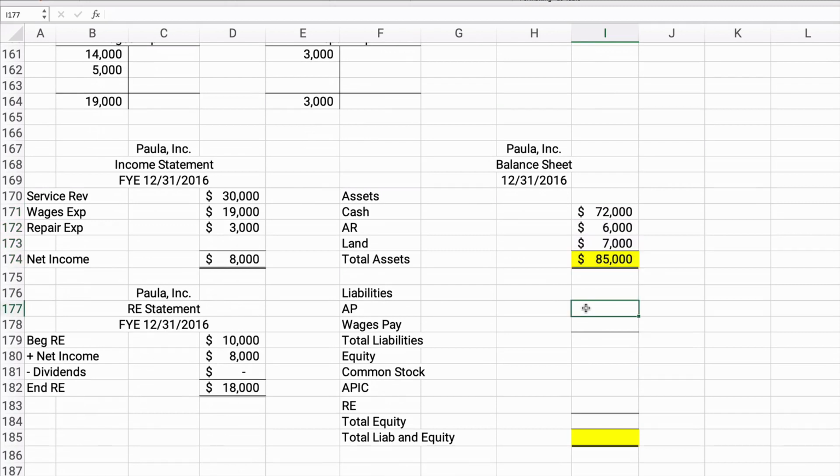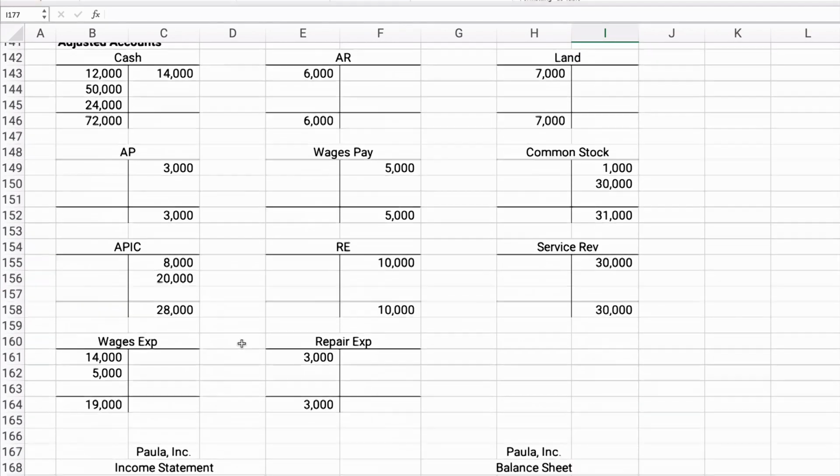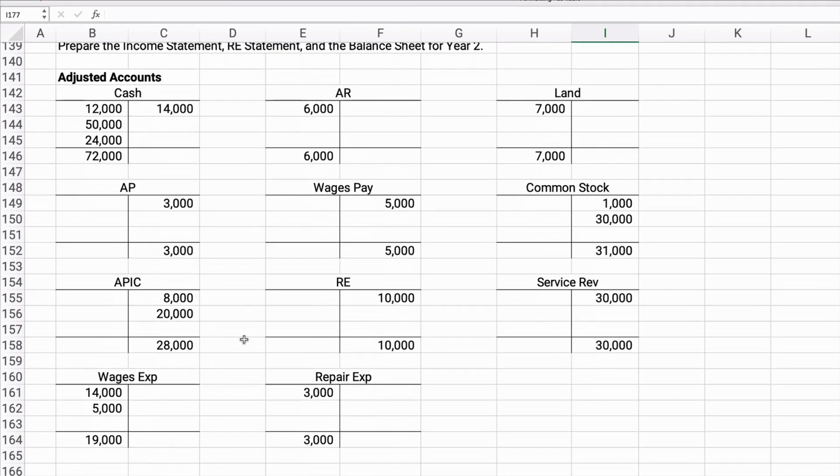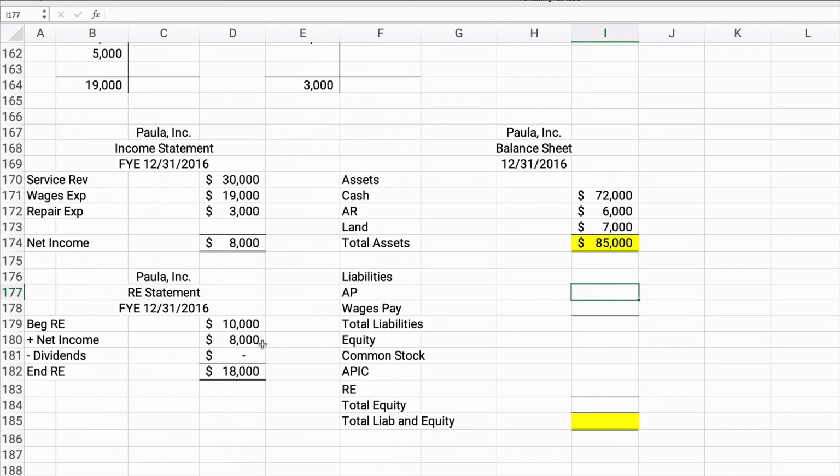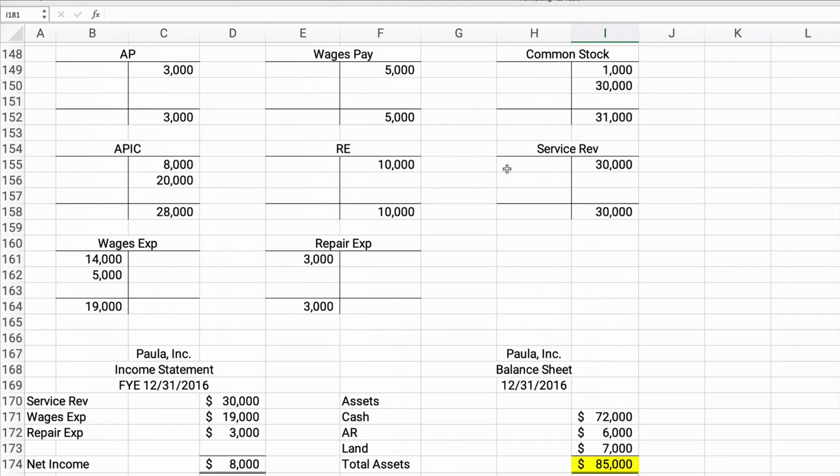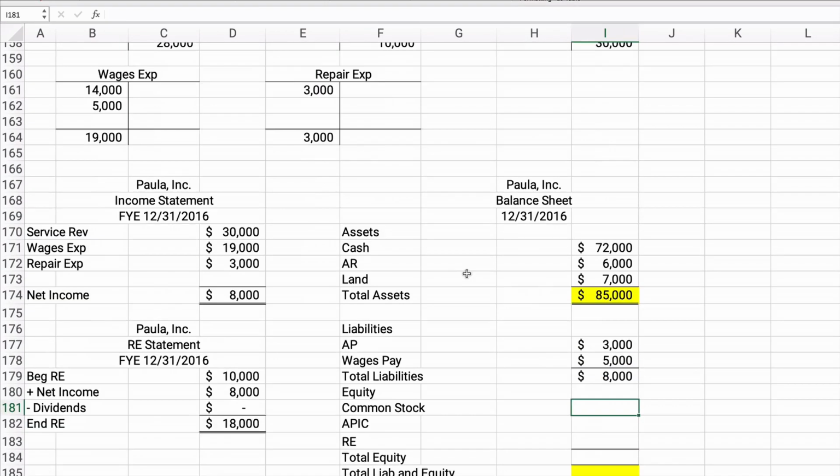Our accounts payable is $3,000. Our wages payable is $5,000. So our total liabilities are going to be $8,000. Now we get down to equity part. We have common stock. Common stock is calculated at $31,000 right here.